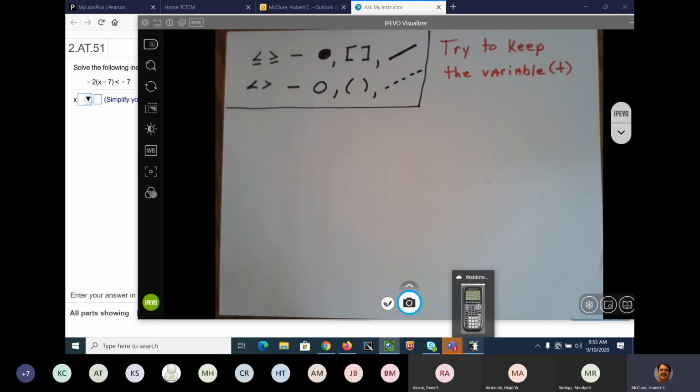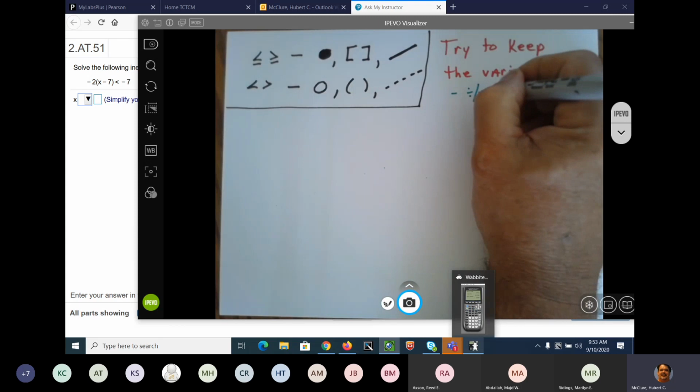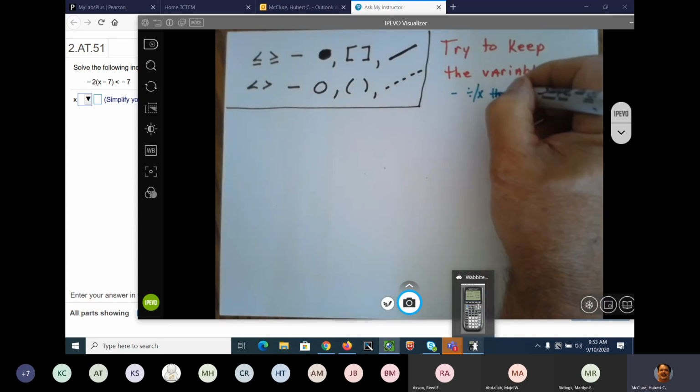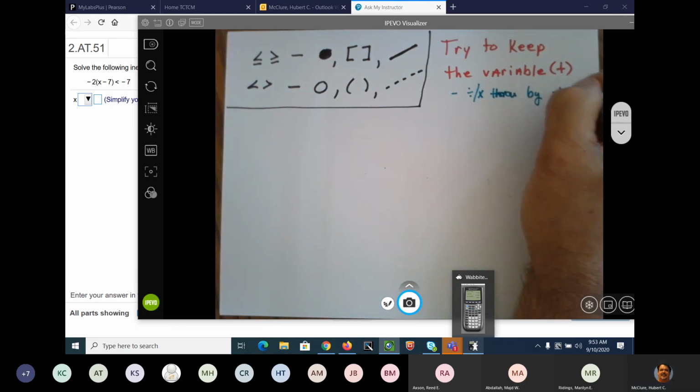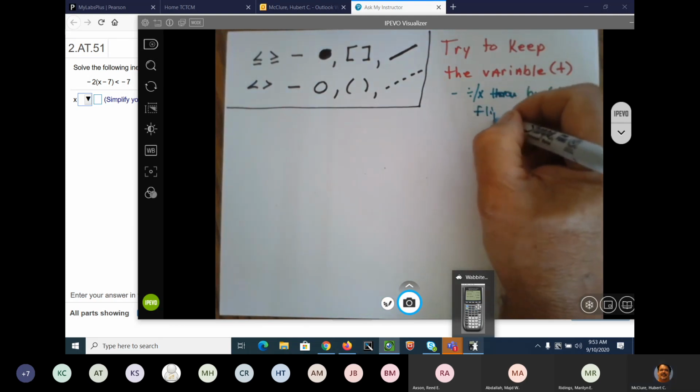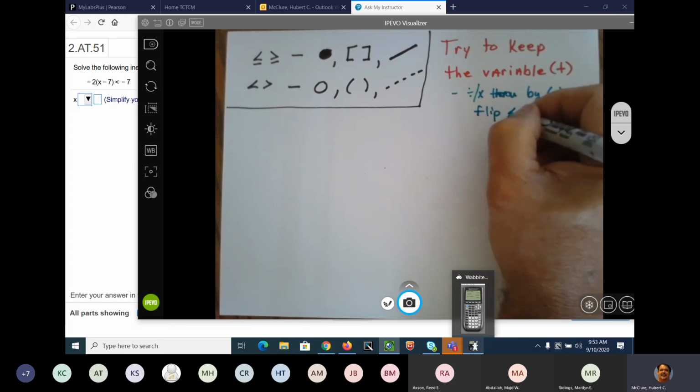Anybody know why? Well, it makes life easier on you because you don't have to remember the divide through by negative rule, which you have to flip the inequality. Okay? I'm going to put that under there, and I'm going to put it in blue. If you divide or multiply through by a negative, you flip the inequality.